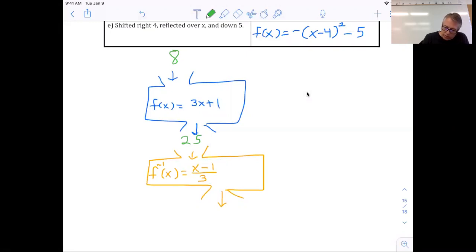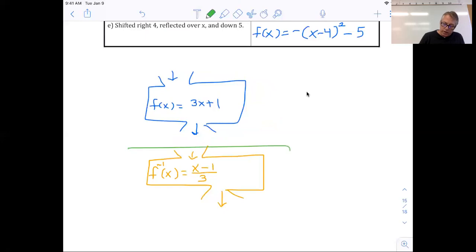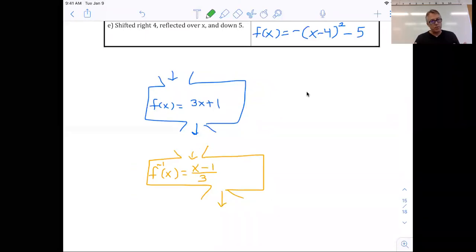So subtract 1 is 24, divided by 3 is 8. We get back to where we started. So whatever is happening inside of this function here is being undone in this function here. That's what an inverse function does. It kind of undoes all the rules of the regular function, and vice versa for that matter.